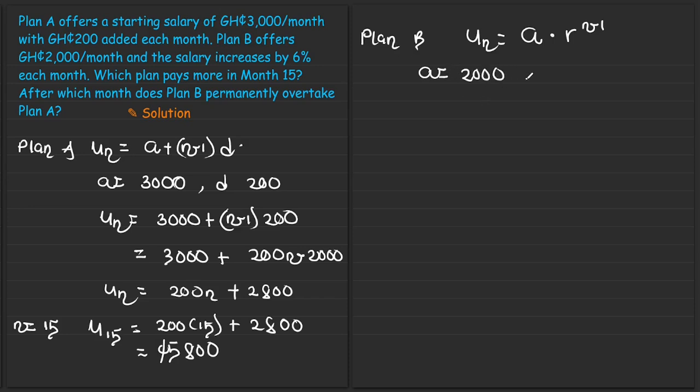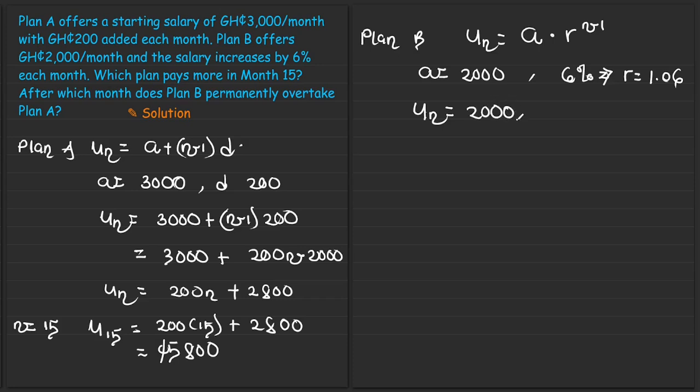That is the initial payment and an increase of 6%. So if you are getting an increase of 6%, then it simply implies that r would be equal to 1.06. With that, if we substitute, we have our Un, which is equal to what?